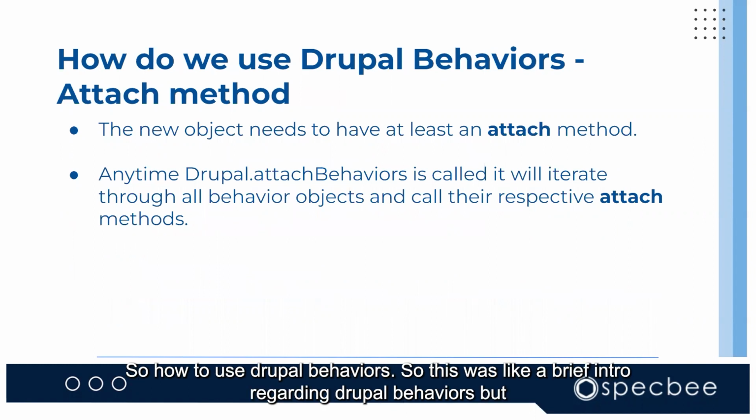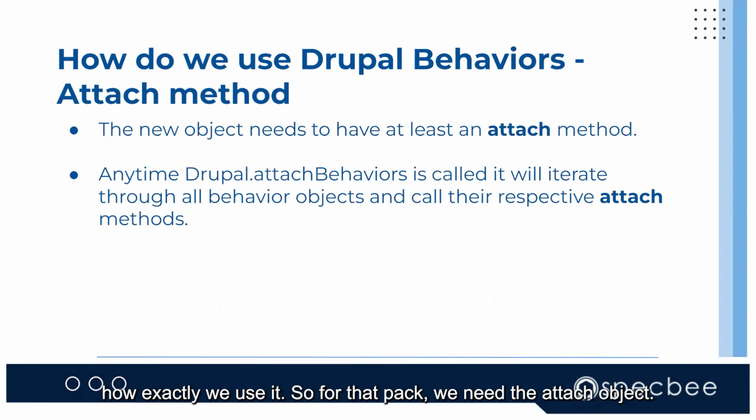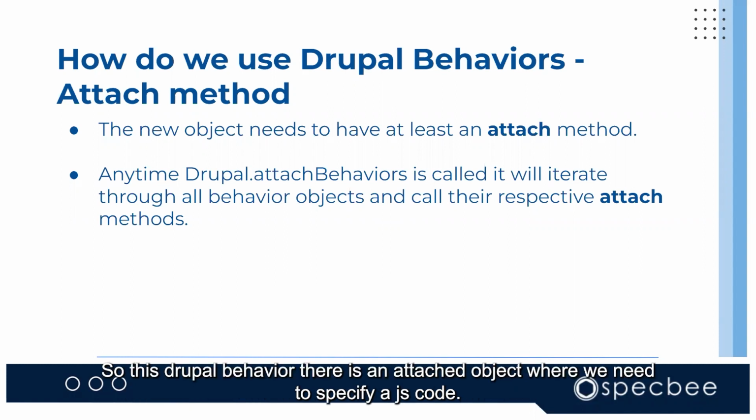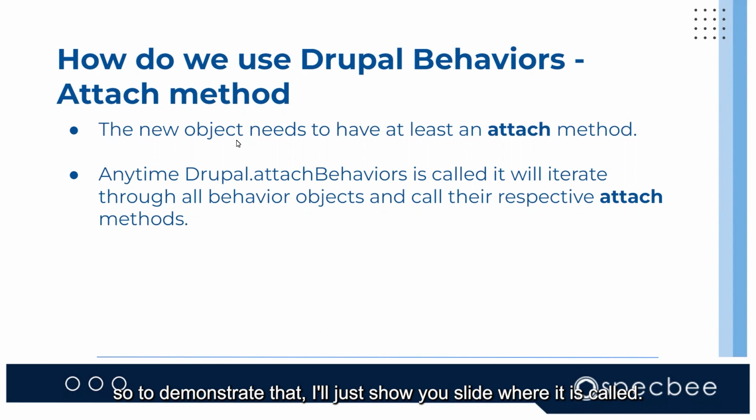So how do we use Drupal behavior? This was a brief intro regarding Drupal behaviors, but how exactly do we use it? For that, we need the attach method, the attach object. In a Drupal behavior, there is an attach object where we need to specify our JS code.